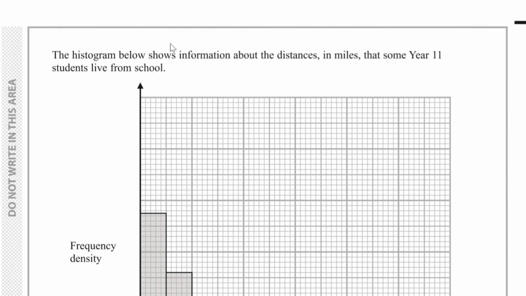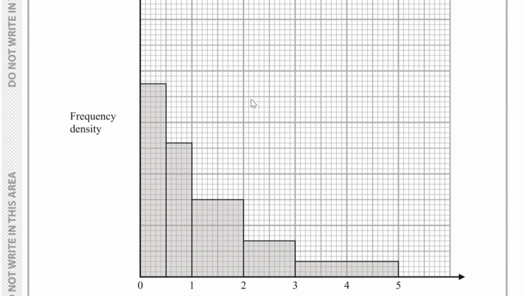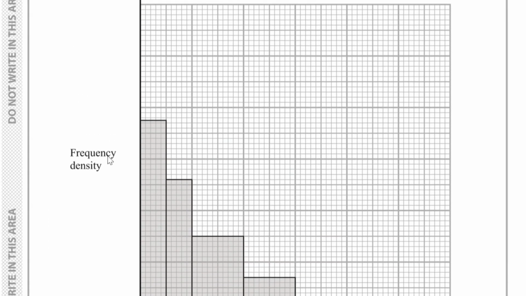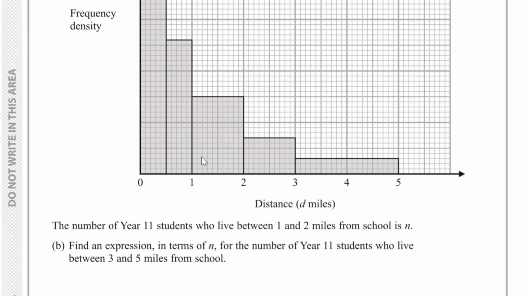Now the histogram below shows information about the distances in miles that some year 11 students live from school. So we've got the distance, and we've got the frequency density, and the number of year 11 students who live between 1 and 2 miles from school is n. And we have to find an expression in terms of n for the number of year 11 students who live between 3 and 5 miles from school.